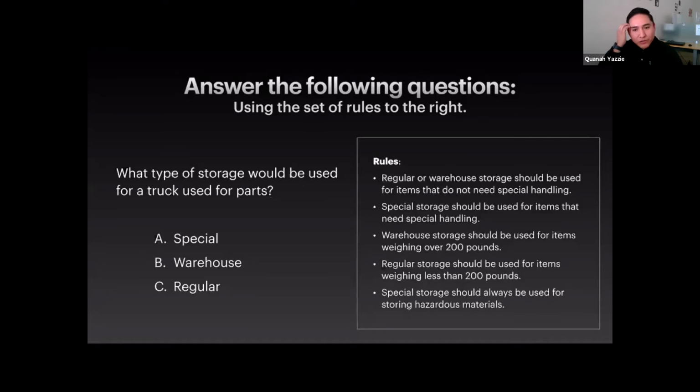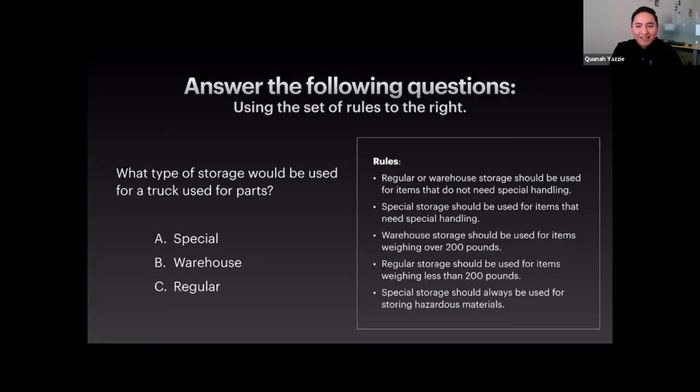What made you choose C? Logically thinking, since there's no poundage attached to this question, just a truck, we know, if you attended my session yesterday about coherency and being logical, that a truck would weigh over 200 pounds.